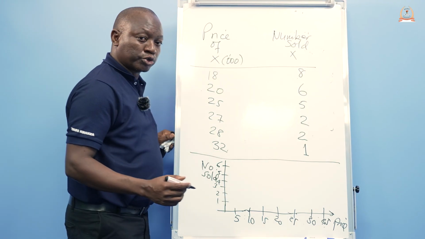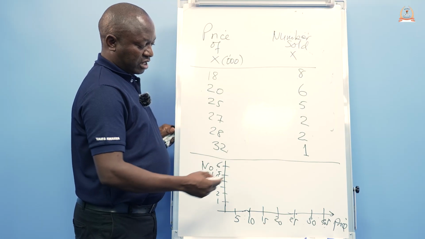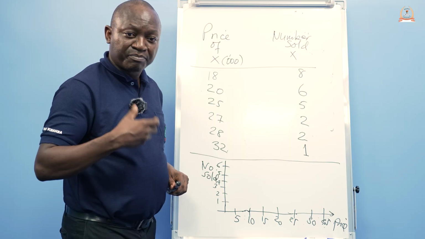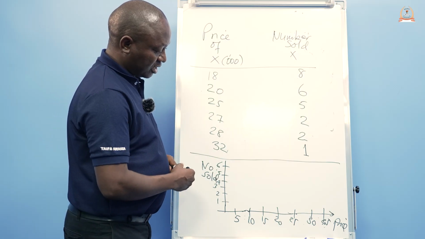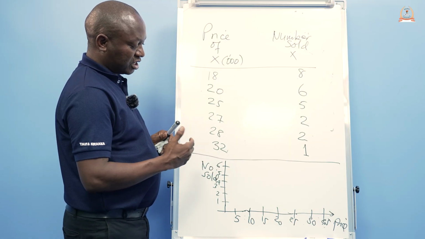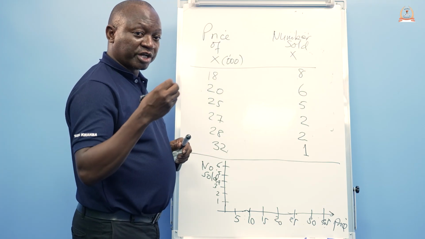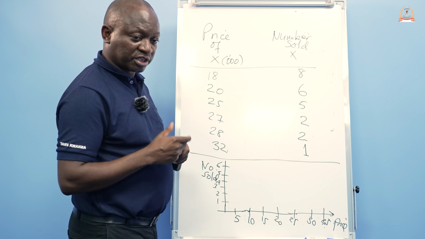I just want to show you how a scatter diagram is plotted and how you can depict the kind of relationship which might exist before even going to calculating the correlation coefficient itself.